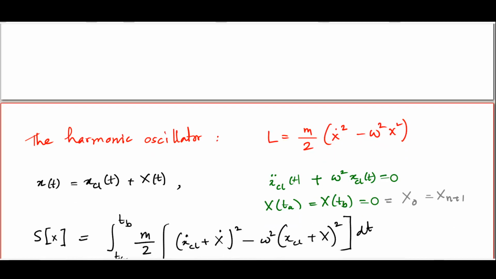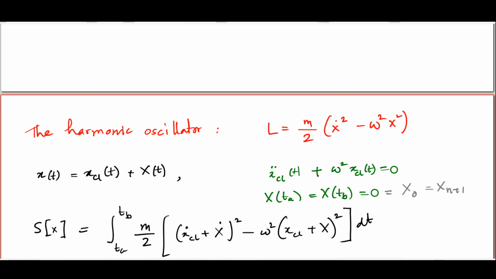If we calculate the action for an arbitrary path small x of t, we have to replace small x by x classical plus capital X. The x dot square becomes x dot classical plus capital X dot whole square. The omega square x square becomes omega square times x classical plus capital X whole square. You have to, of course, integrate this thing.